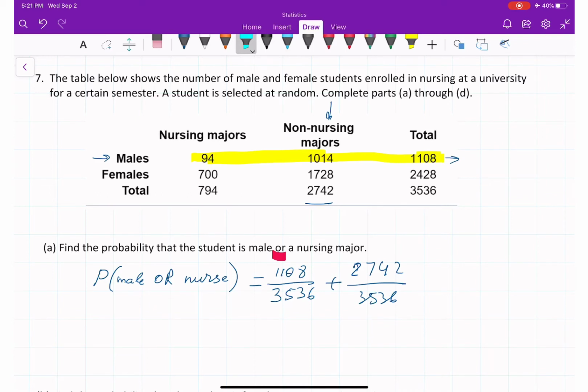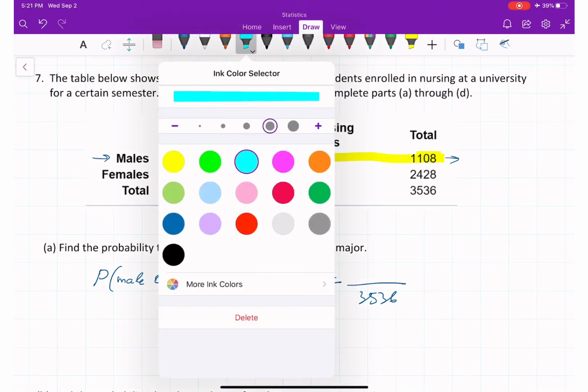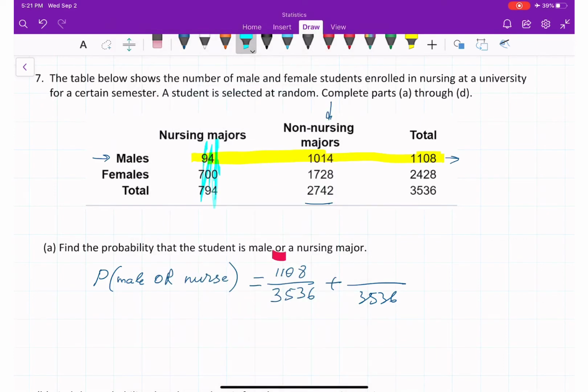Yeah, it asked nursing, and I took non-nursing. Hold on, let me fix it. Here it is, nursing. Okay? So it's here, it's going to be 794 total nurses. And look what is interesting. 94 is similar to the previous problem.